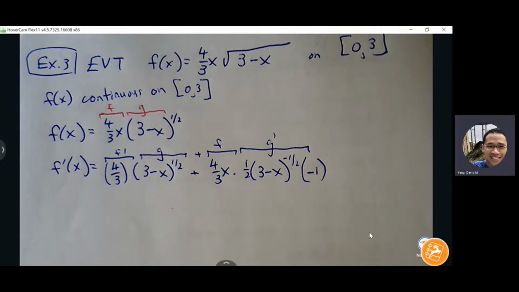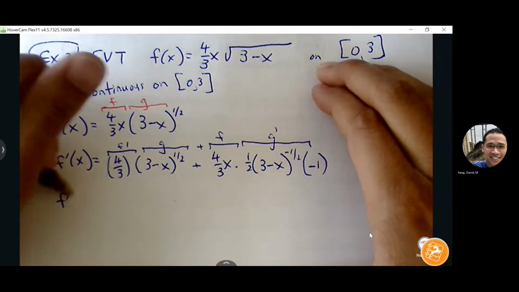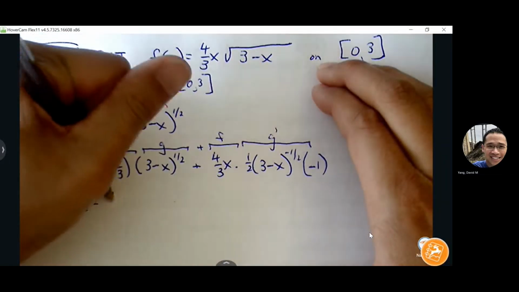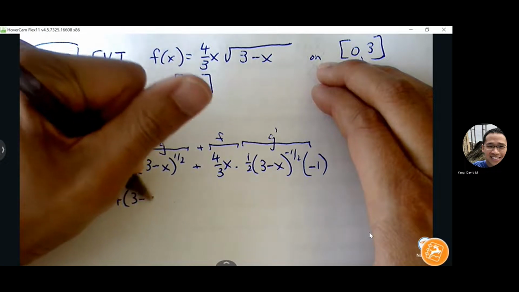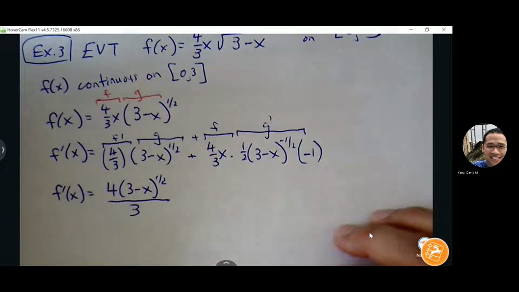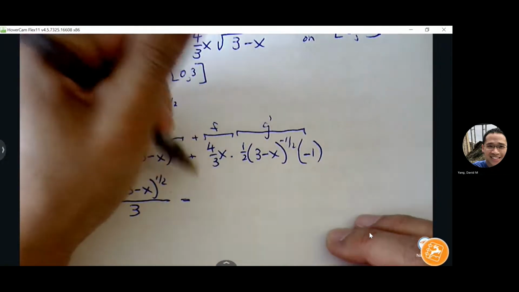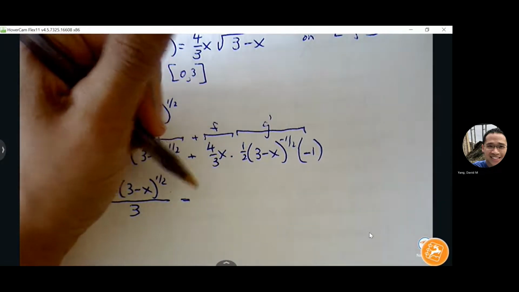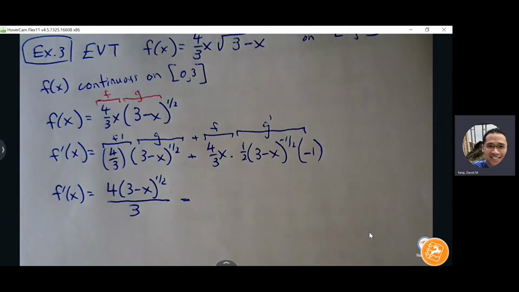Okay, so now the messiness is gonna come with having to combine these two fractions together, common denominator, so that we can get a numerator denominator all nice and clean, so that we can look for critical points in the numerator and the denominator separately. Do some reducing along the way.